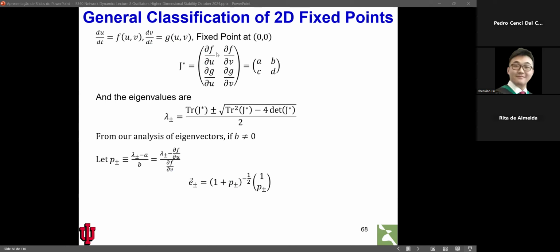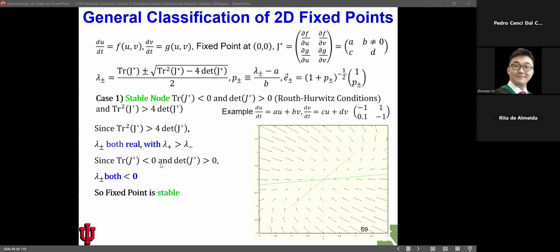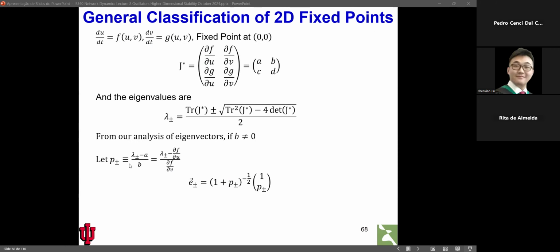So we have A, B, C, D. They are the 4 components of the Jacobian calculated at the fixed point. And from our analysis, is B different from 0? This we have already done before. You have P plus or minus equal to lambda minus B, and lambda minus, plus or minus, like this.